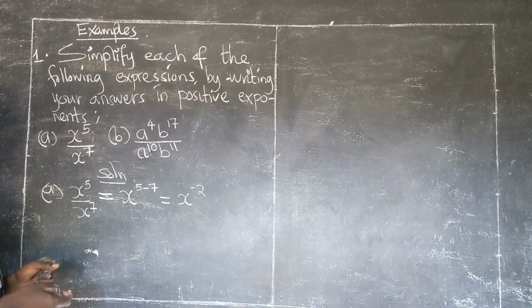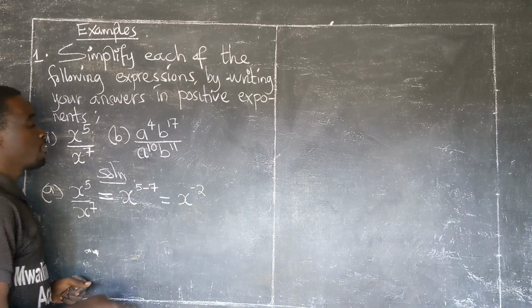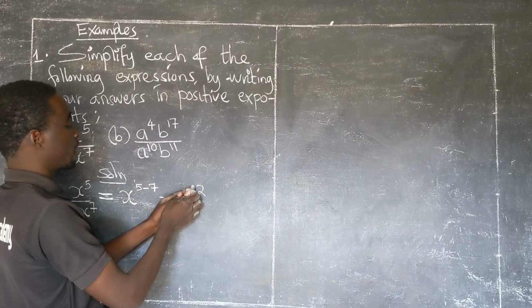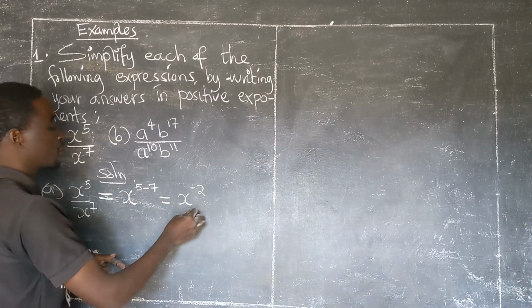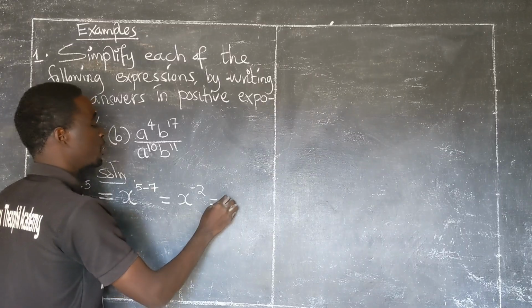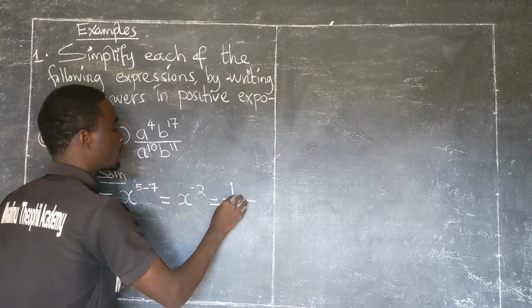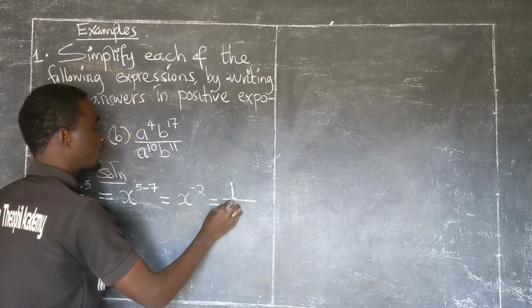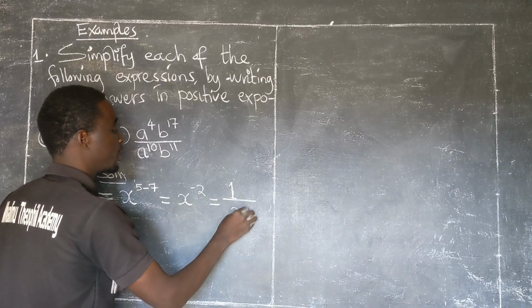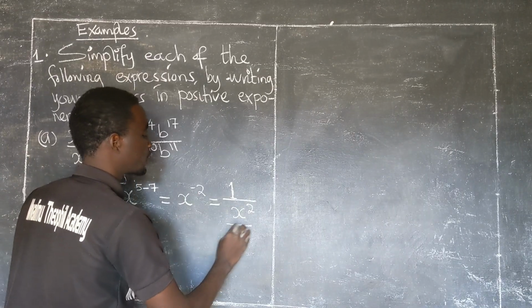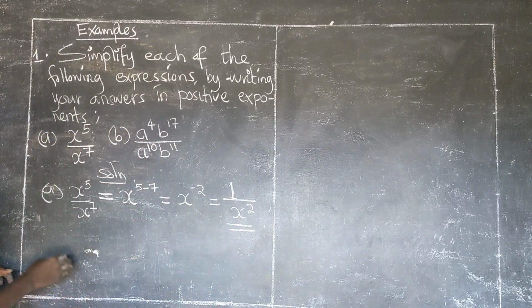If you remember the law of negative exponent, if you have the exponent being negative, it is the same as the reciprocal, with the exponent remaining the same but with the positive sign. So it will be equal to 1 divided by x raised to 2. Now this is the answer.